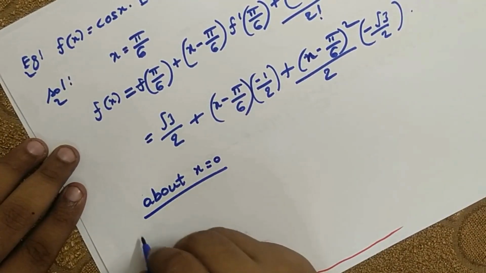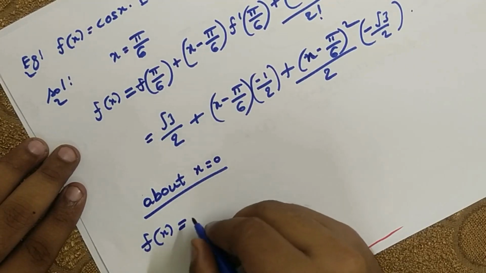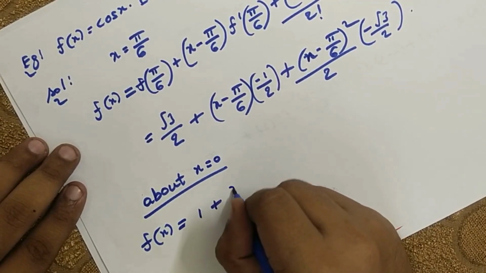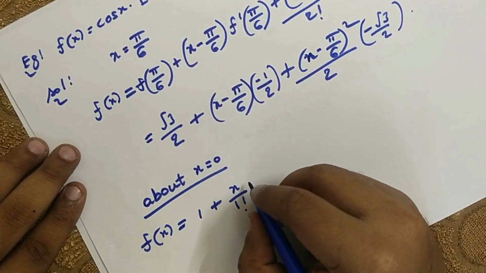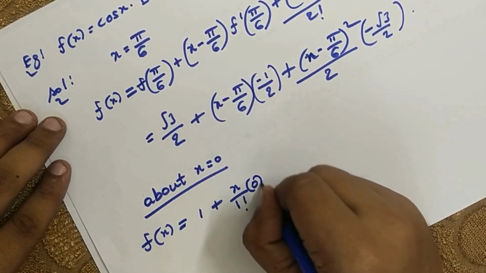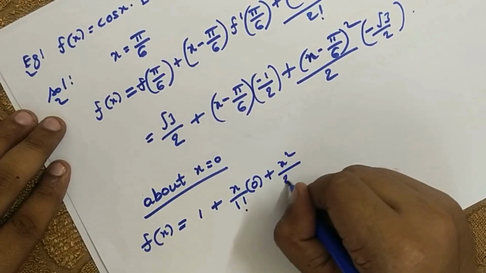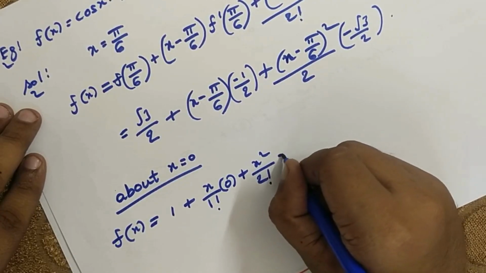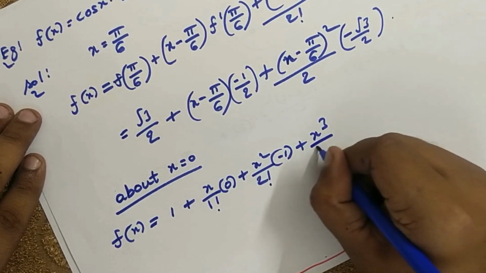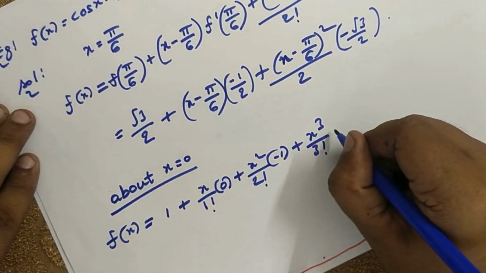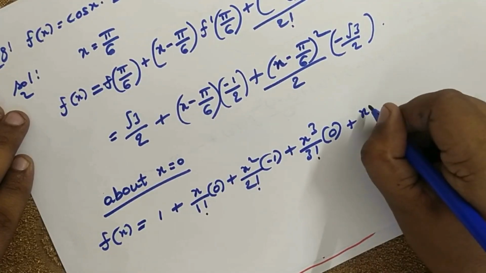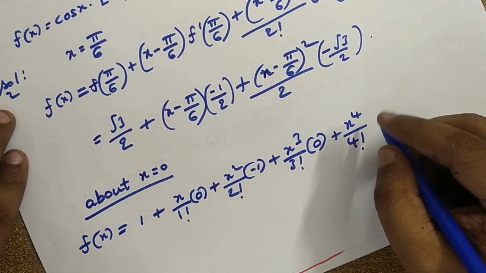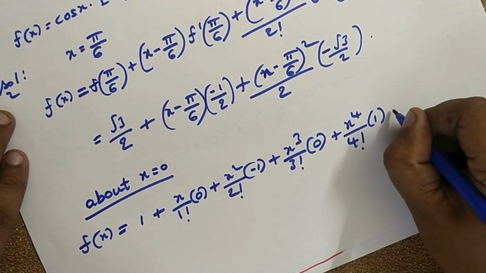x is equal to 0, so f of x is equal to f of 0, cos 0, which is 1, plus x by 1 factorial into f dash of 0, meaning sin 0, which implies 0, plus x square by 2 factorial into f double dash of 0, meaning minus cos 0, which is minus 1, plus x cube by 3 factorial into f triple dash of 0, meaning sin of 0, which is 0, plus x power 4 by 4 factorial into f4 of 0, meaning cos 0, so 1, and so on.